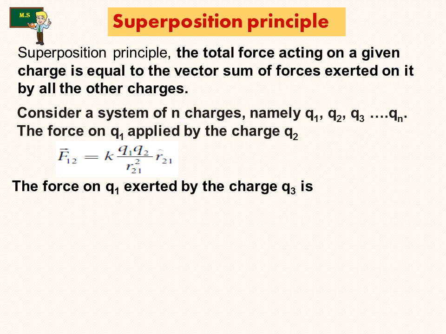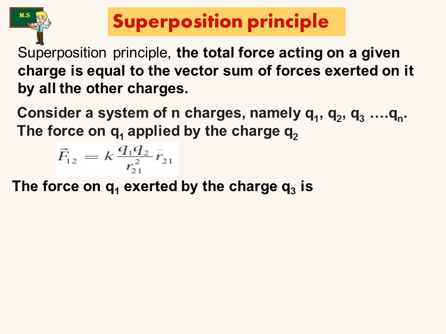Here R cap 21 is the unit vector from q2 to q1, along the line joining the two charges, and R21 is the distance between the charges q1 and q2.